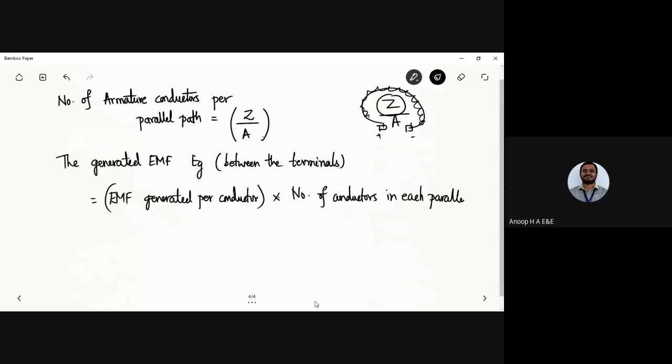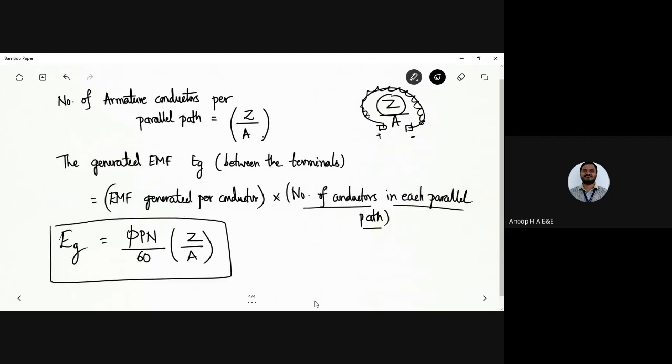That is given by EG, the generated EMF. I'll call it ΦPN divided by 60, multiplied by the number of conductors in each parallel path.